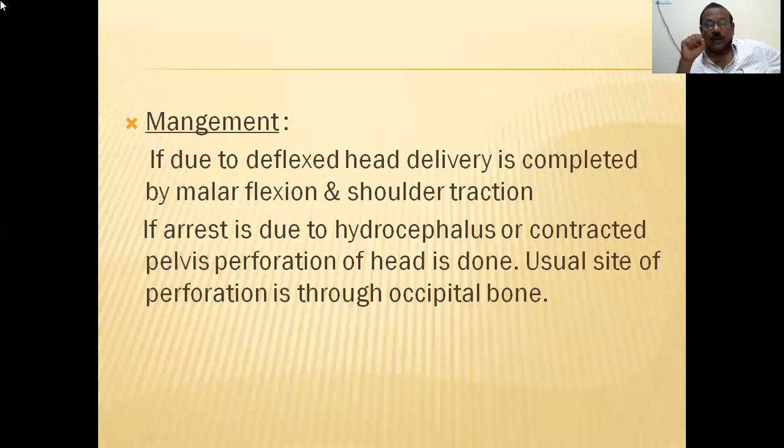Then the head collapses and you can bring the head down. Otherwise, as only the head is left inside the pelvis and the rest of the body is outside the vulva, you can put a needle into the spine and aspirate the cerebrospinal fluid so that the head collapses and you can deliver the head.